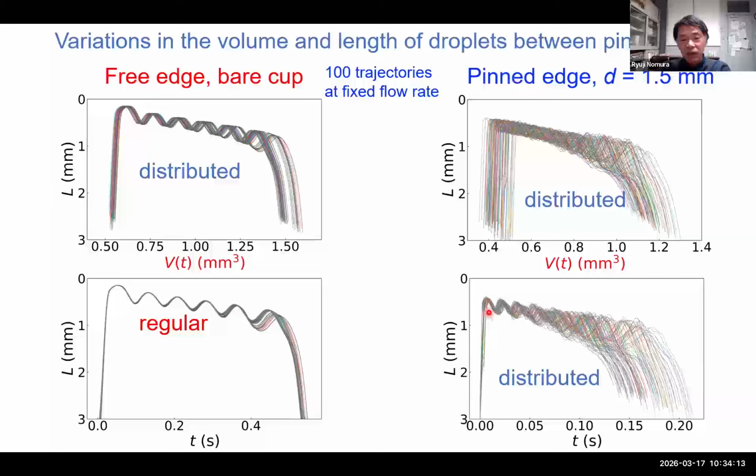But for the pinned edge case, even if it's plotted against the time, it has irregularity. So for this free edge case, somehow the effect of the fluctuation in the volume completely disappeared when plotted against the time. And I think this is due to the anomalous oscillation of the droplet.